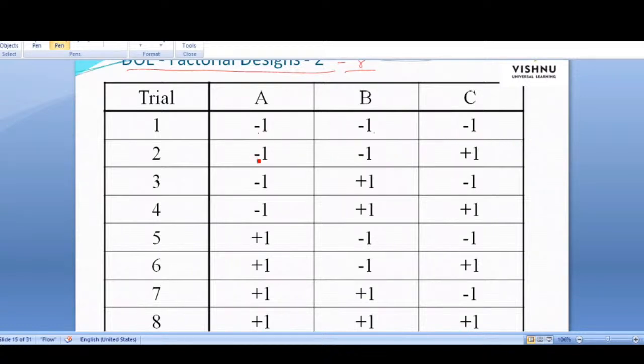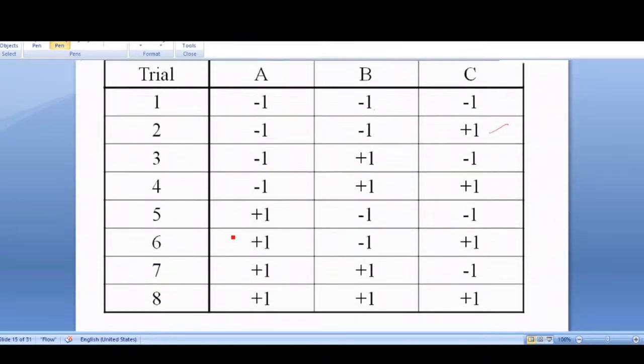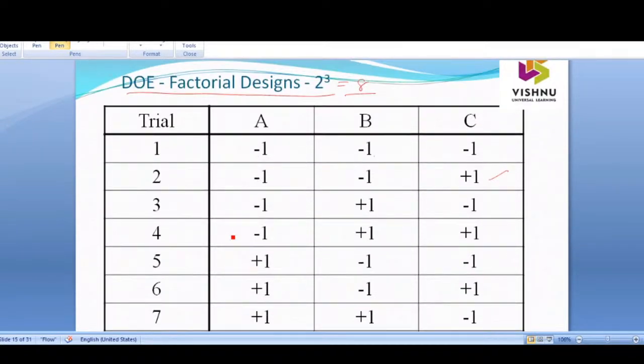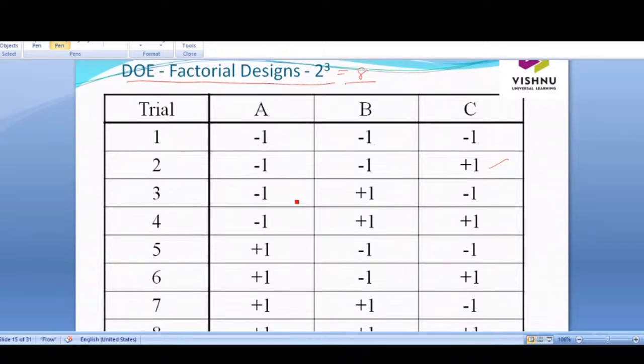In the second one it is -1, -1, and you have to fix two variables, then vary one. Like this there is a varying of the parameters, then you will get the 8 experiments. 2 power 3 is 8, so 8 combinations of experiments. Let us say -1 is the minimum value and +1 is the maximum value.